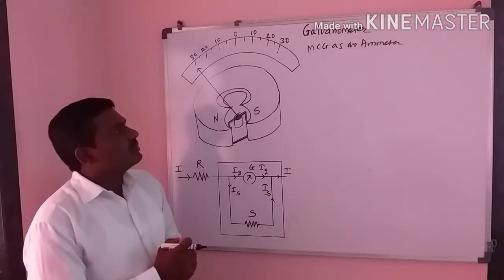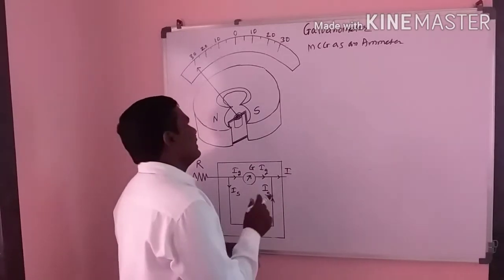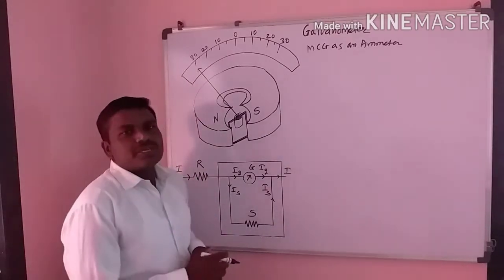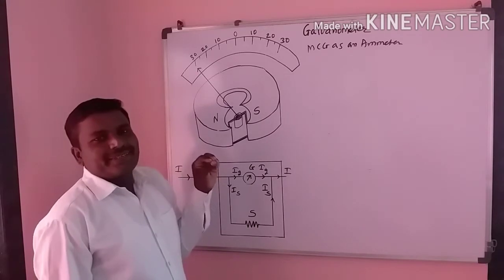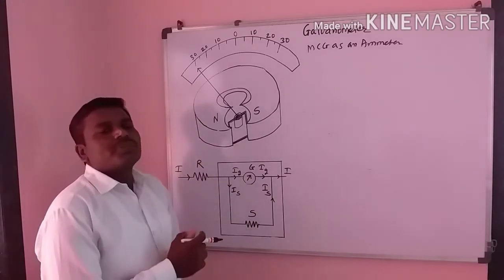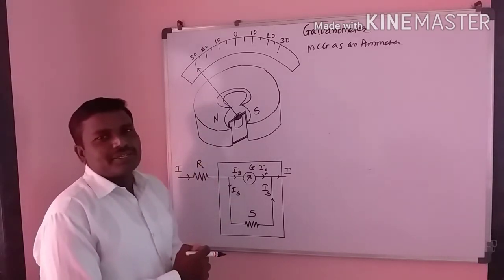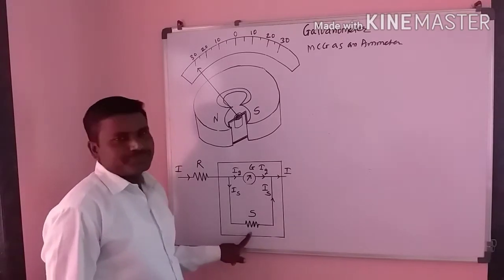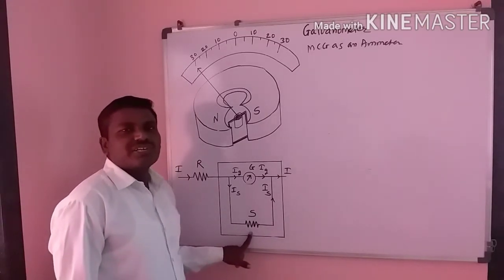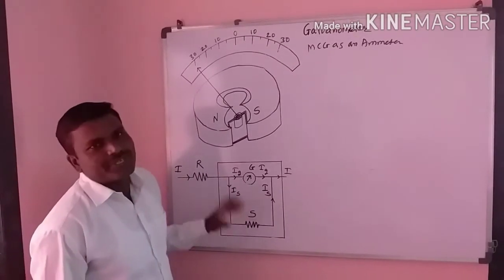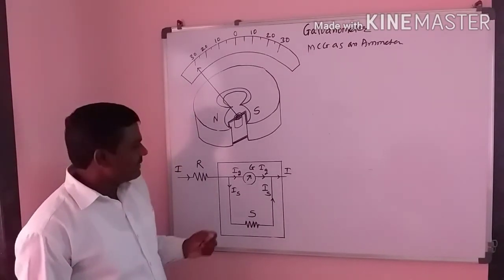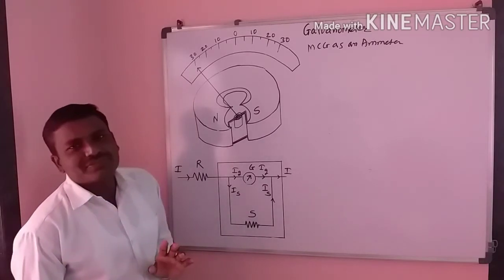The third modification is to protect the moving coil galvanometer from possible damage, and for that we use a shunt resistance. This shunt resistance is always parallel to the moving coil galvanometer. Now we can see the uses of this shunt resistance.